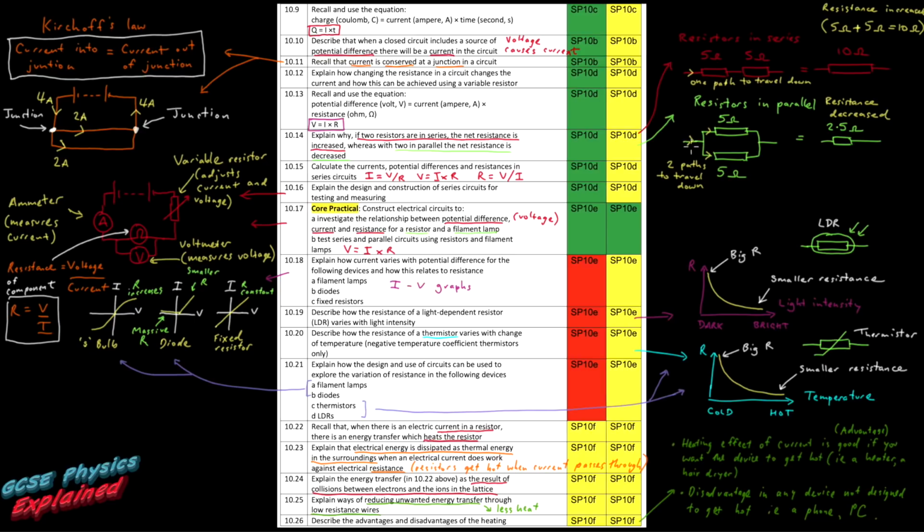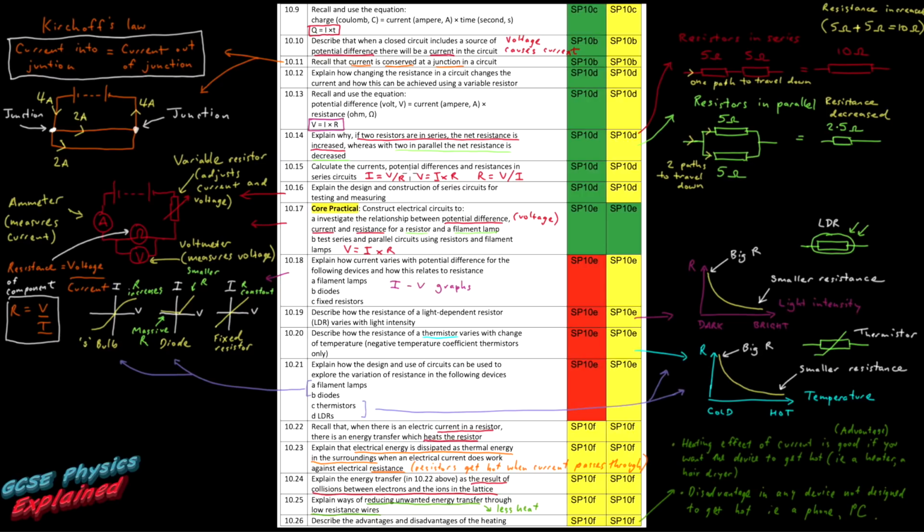Whereas if you have resistors in parallel, there's two paths to travel down, which makes it easier to go down. A 5 ohm and a 5 ohm would be the equivalent of 2.5 ohms. You don't need to be able to calculate the value for resistors in parallel anymore at GCSE. That's just at A level.